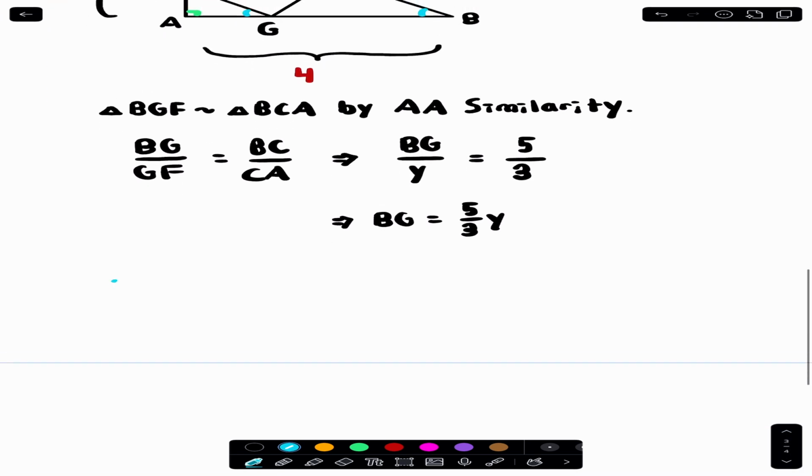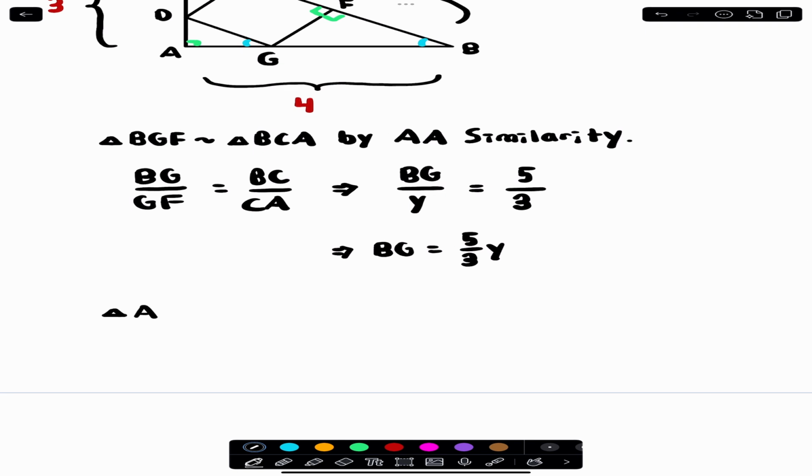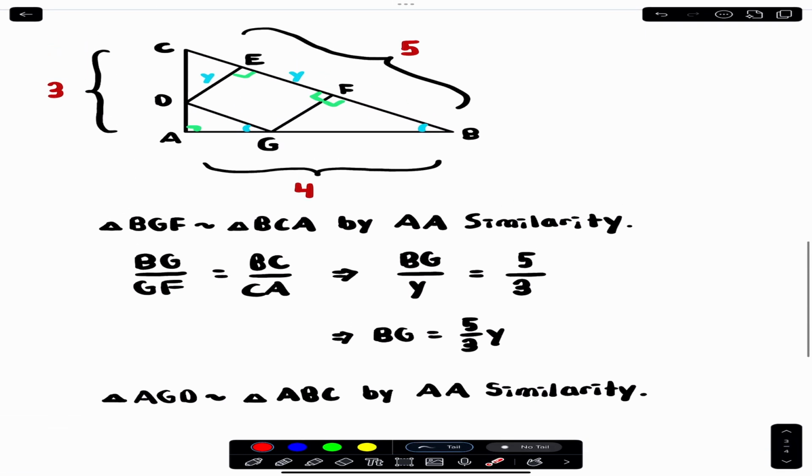This is good news for us because it means we have another pair of similar triangles, and we can find AG. So let's use triangle AGD is similar to triangle ABC, once again by angle-angle similarity. Always remember, you can trace out the triangles if you're struggling to see what I'm talking about.